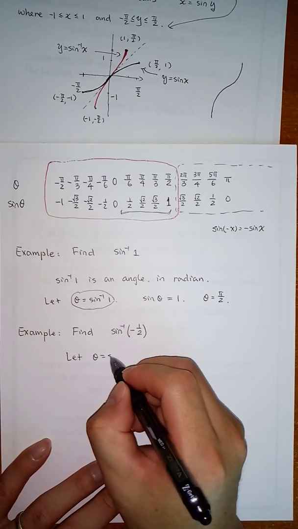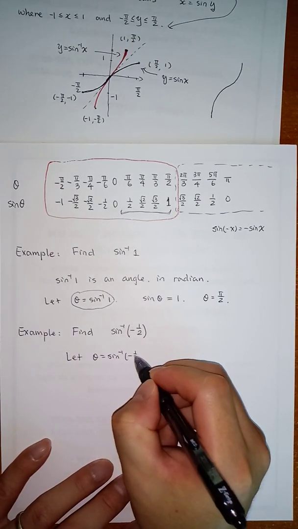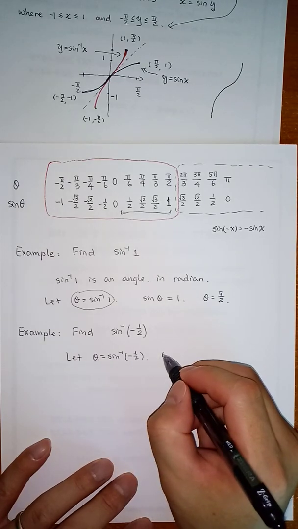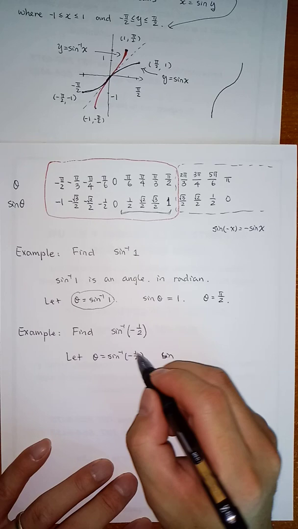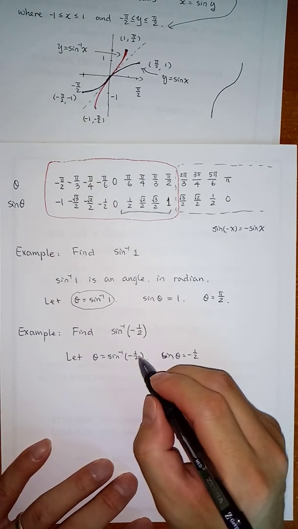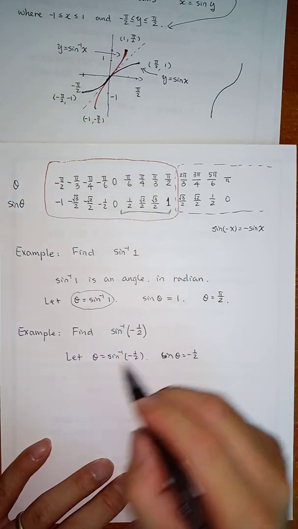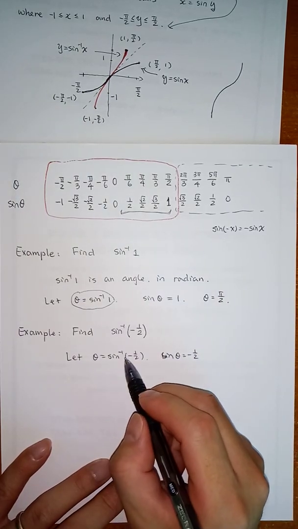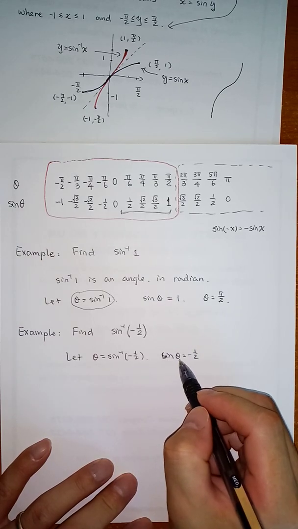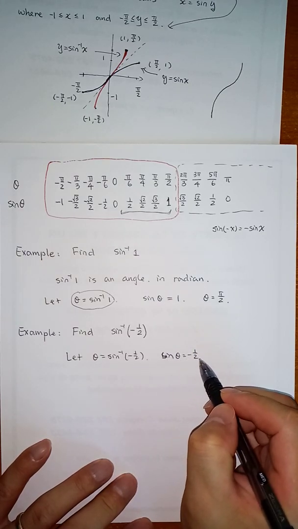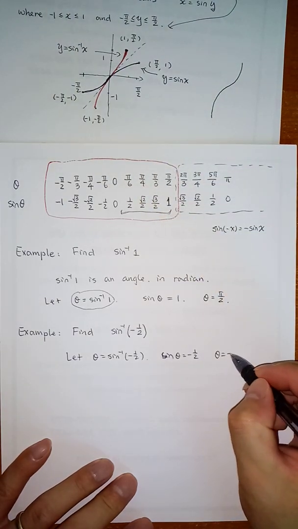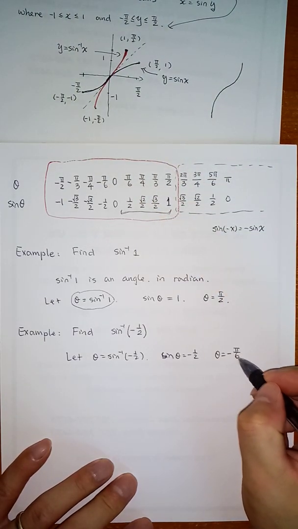Let theta be sine inverse of negative 1 half. Then sine theta is negative 1 half. So here, theta is negative pi over 6.